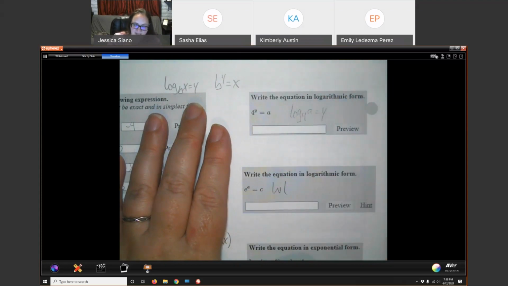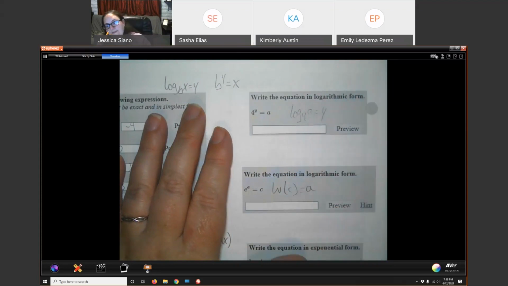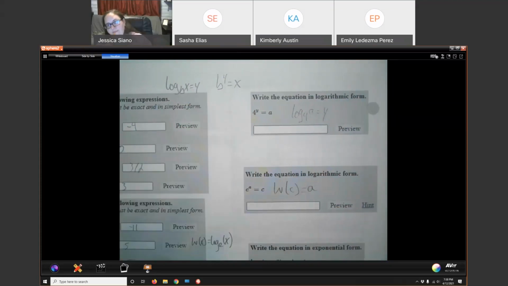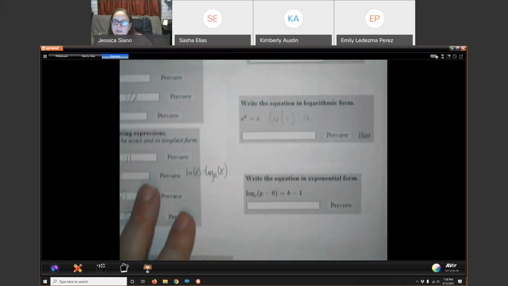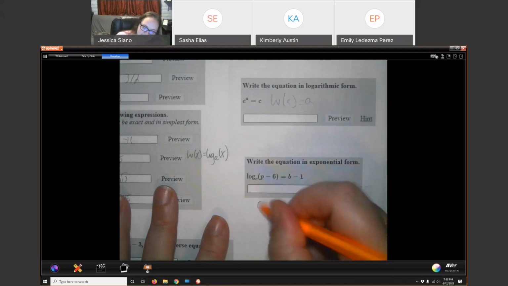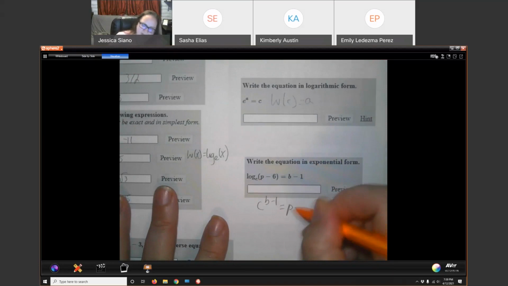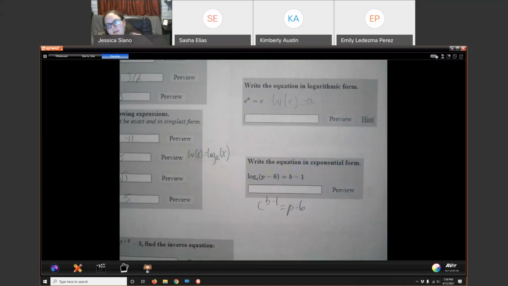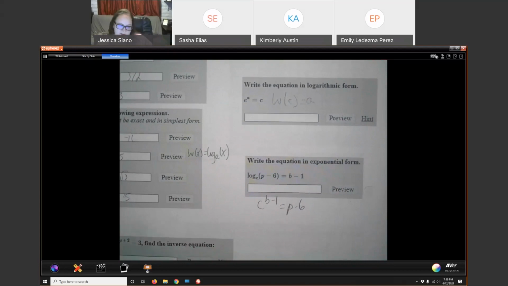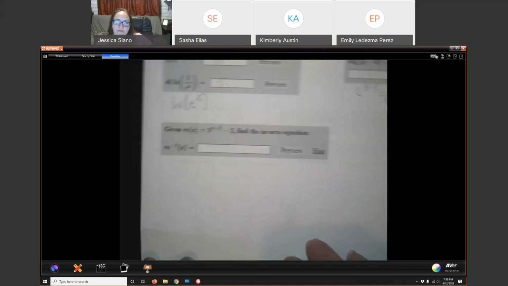Log with base e of c equals a. And so then for this one, it would be c to the b minus 1 equals p minus 6. So once you get the hang of those conversions, they're going to go really quick.